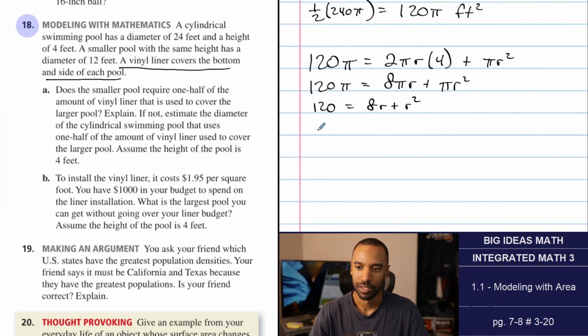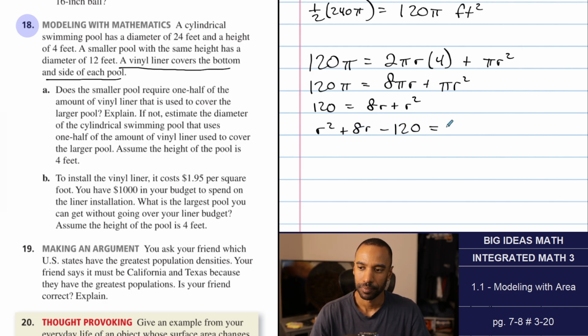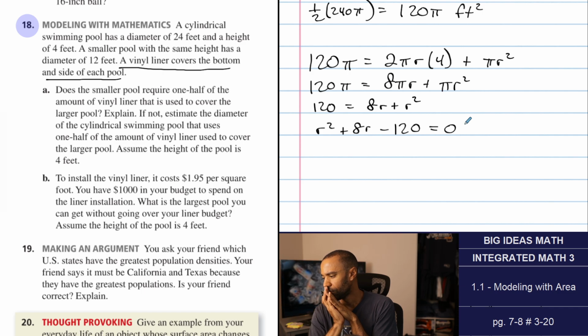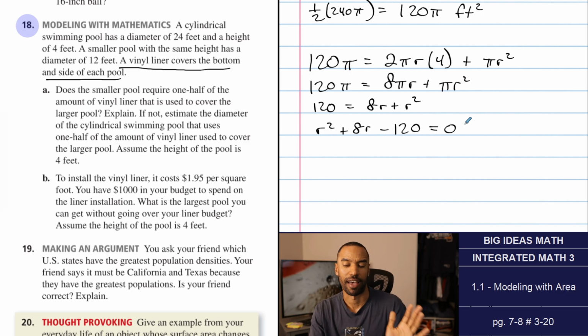I'm going to subtract 120 over here. Let's see if this is factorable. 24 and 5, 12 and 10. I don't know if it's factorable. I'm going to assume it's not factorable for a second.